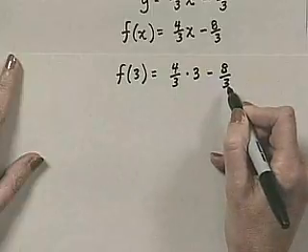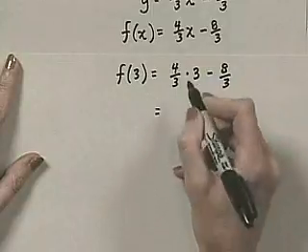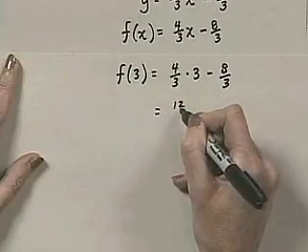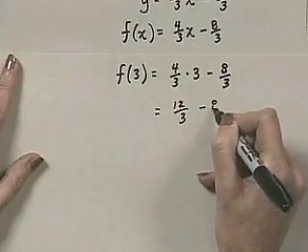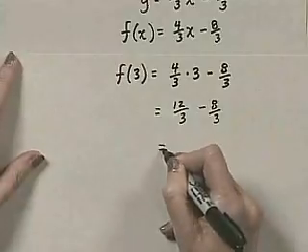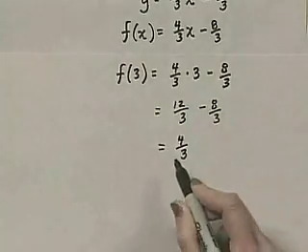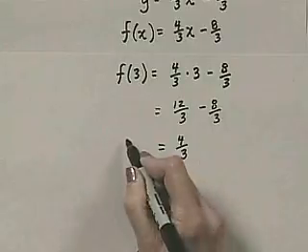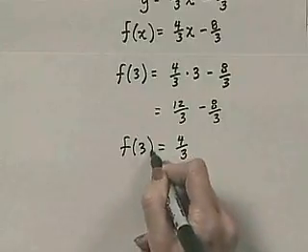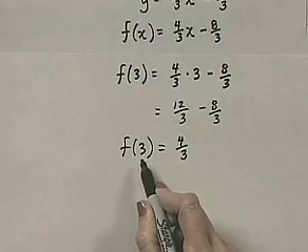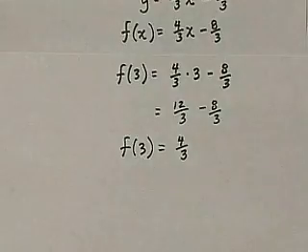Because I'm going to end up having to subtract these two, I'm going to go ahead and evaluate this by just writing 4/3 times 3 as 12/3 minus 8/3. And that's going to give us a result then of 4/3. And so we come up with our answer, f of 3 is equal to 4/3. That means that when our x value is 3 in this function, our y value is equal to 4/3.